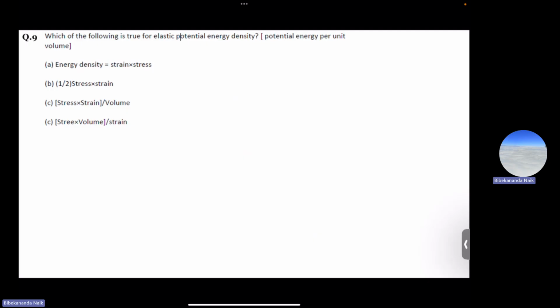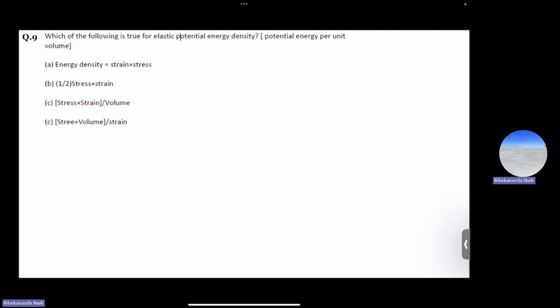So all these questions are pretty much similar to each other. Now let's move to question number 9. Question number 9 says, which of the following is true for elastic potential energy density, that is potential energy per unit volume? Option A, energy density equals stress into strain.